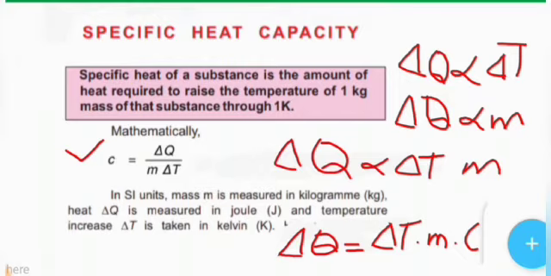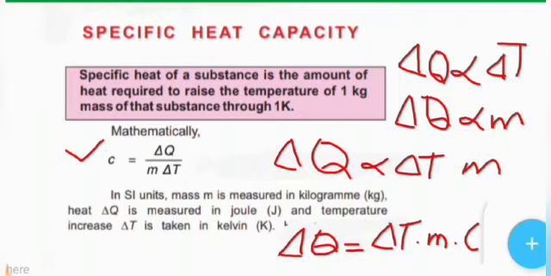As you can see in this definition, the mass of the body is specified, that is 1 kilogram. So that's why the heat absorbed by this substance to raise its temperature by 1 Kelvin is known as specific heat capacity.